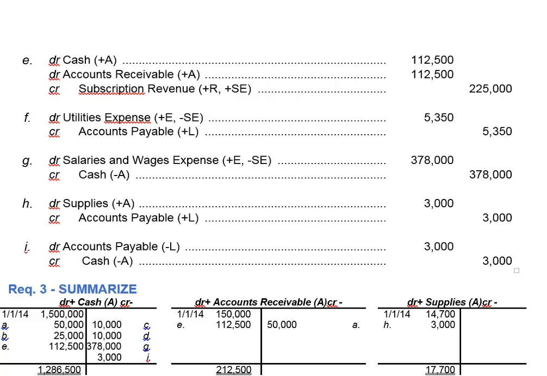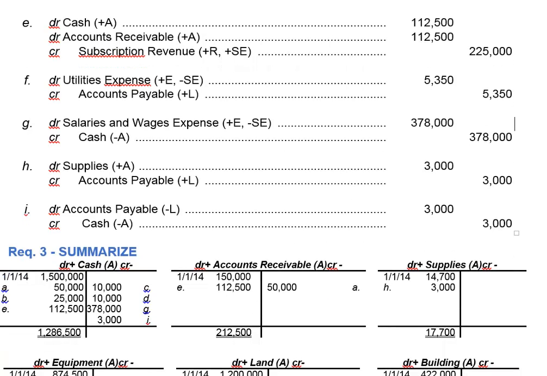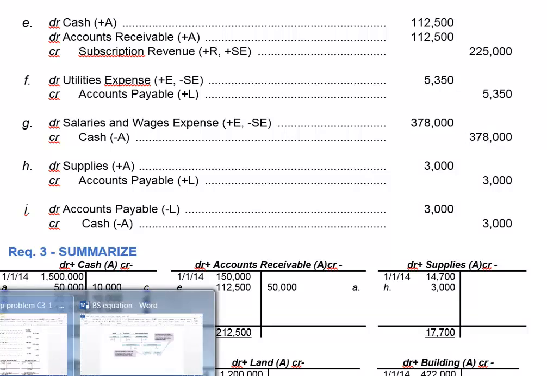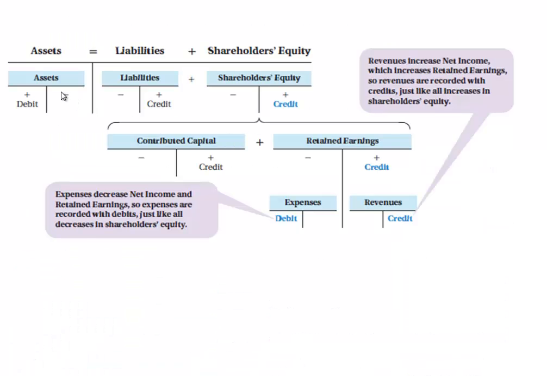So we increase our liabilities, $53.50. We said that we had salaries and wage expense for the month of January of $378,000. So again, our expenses go up, which decreases shareholders' equity, and we're going to credit cash because cash is an asset. And when it goes down on the right, and right means credit.